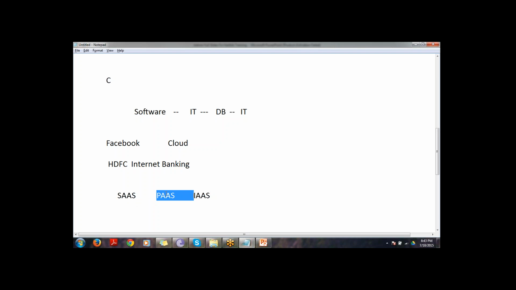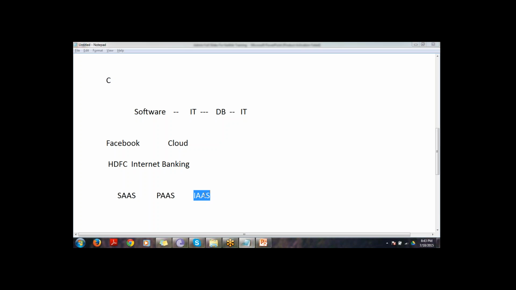In that platform you can design your own application. And the third one is IaaS. Here Salesforce provides the infrastructure, so Salesforce will take care of your database also. So remember, Salesforce supports SaaS, PaaS, and IaaS architecture. Got it?